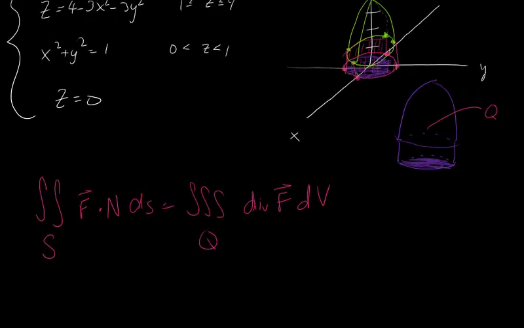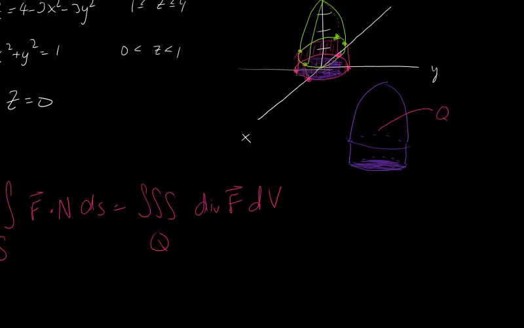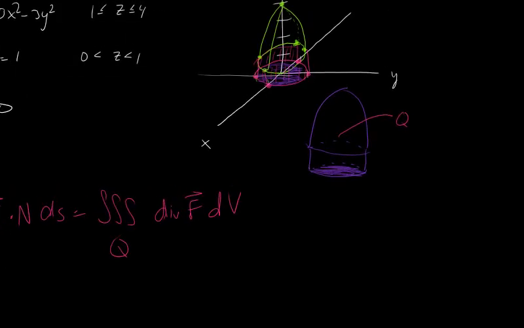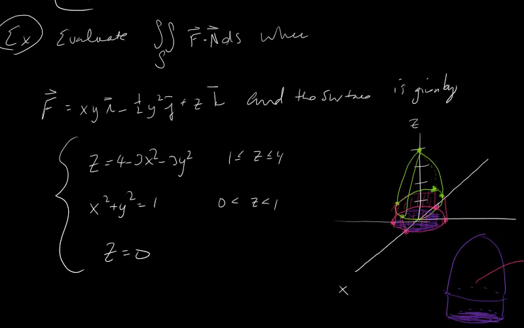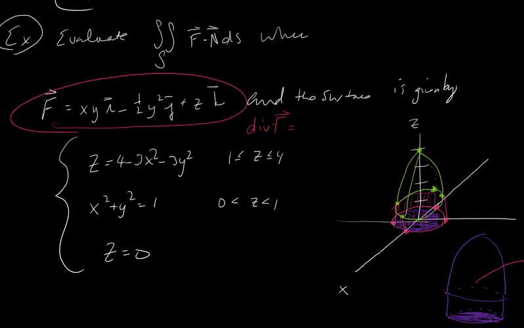All right, so we need to know, well, what is the divergence of f here? Where's f? It's up here somewhere. There it is. So here's f, right here. So the divergence of f is going to be the partial of m, which is xy, with respect to x, so that's just going to be y, plus the partial of n with respect to y, that's going to be negative 1y.